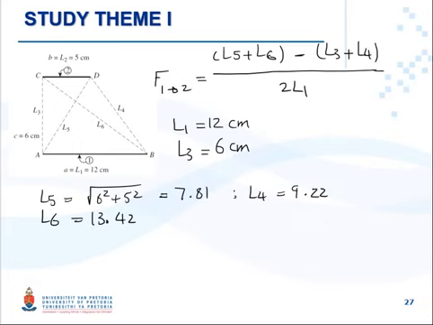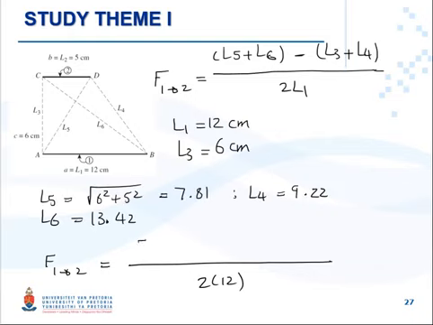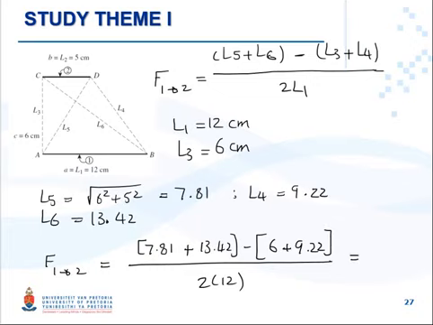Okay, we just put the numbers into the correlation, and we will have F12 is equal to 2 divided by 12, 7.81 plus 13.42 minus 6 plus 9.22, which is equal to 0.25. So F12 is equal to 0.25.